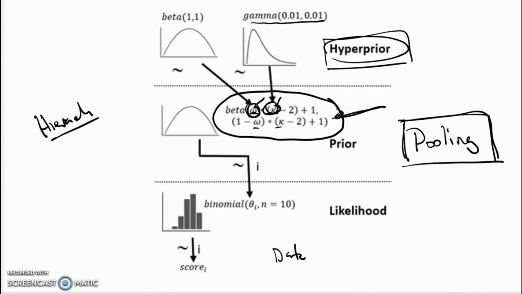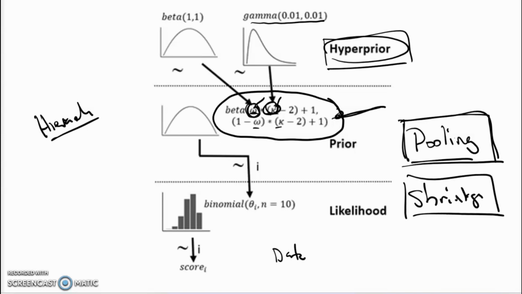So that's where the pooling comes in. In terms of the shrinkage, if we think about our object of interest, which is these values of theta, they're going to be a balance between the data and the prior being determined by all the individual students.